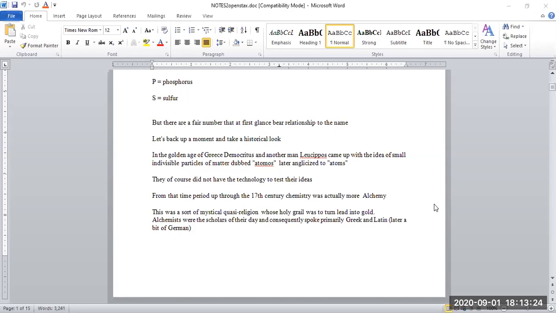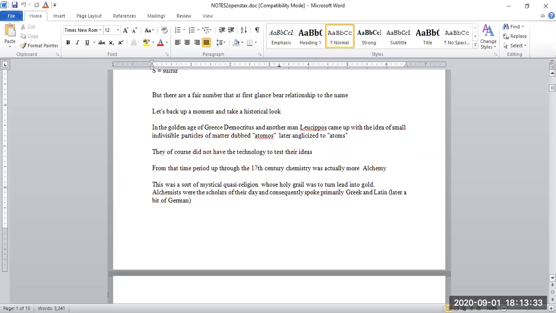Alchemy was the big deal, okay? And alchemy was, like I said, kind of a religion-ish thing, kind of magic, but there was actually some real data being churned into all of this.